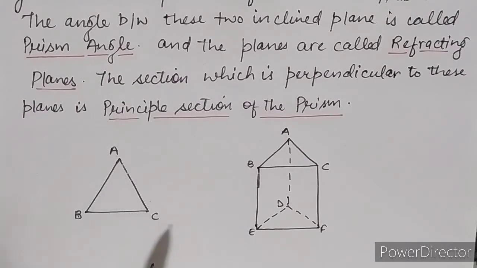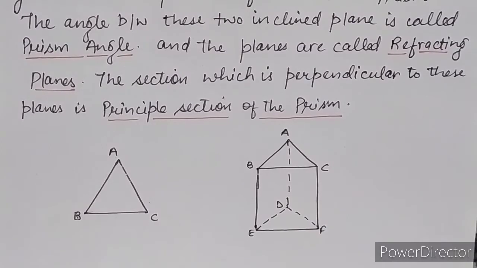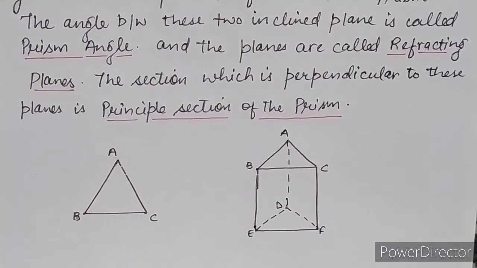Clear? And the prism can be of any shape, including the triangular shape. In practical form, we always use the triangular shape of the prism because this is more effective for our practical purpose. Clear?